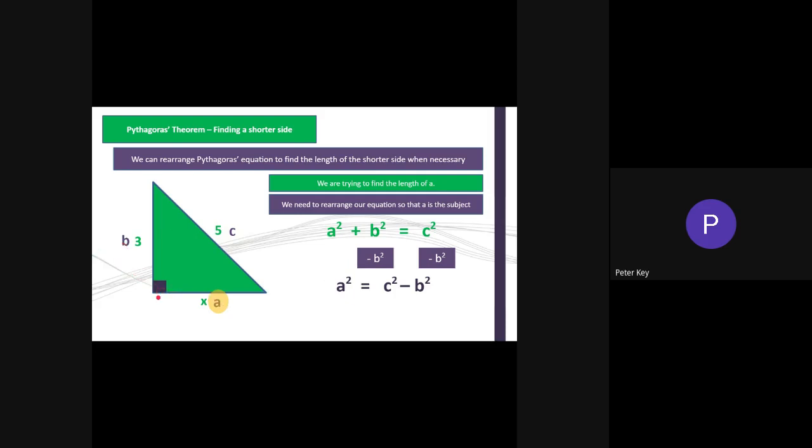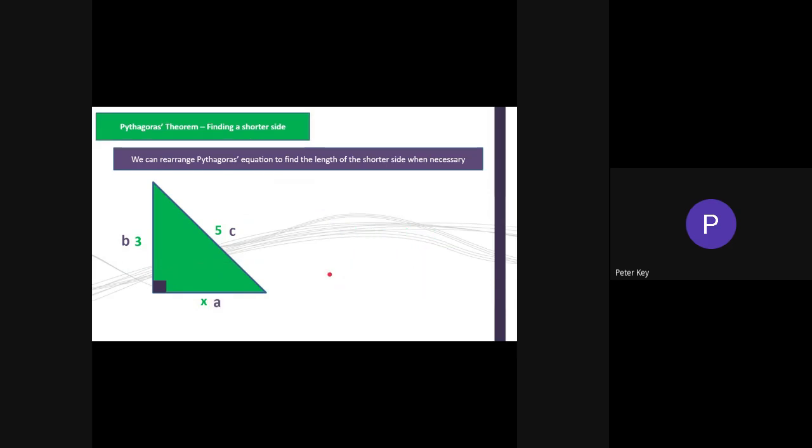Now, if it was the other way around, and I had that, and I had that, but I didn't have that, I'd do exactly the same. I'd start with my hypotenuse. I'd take away whatever this number is, which will give me this number. Okay. So let's have a look at an example.